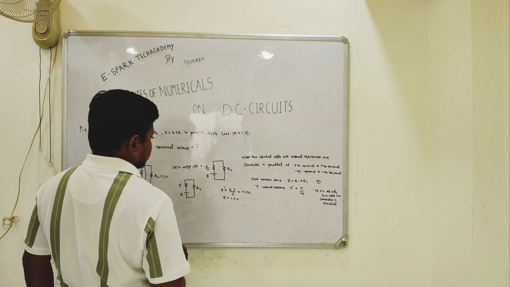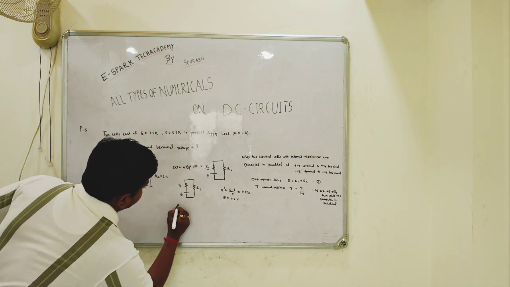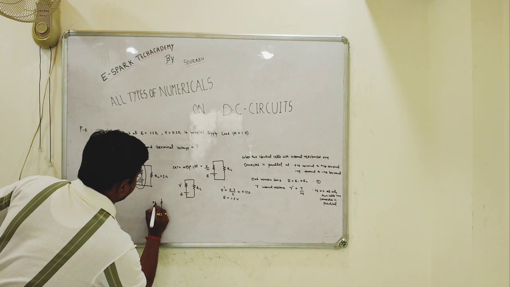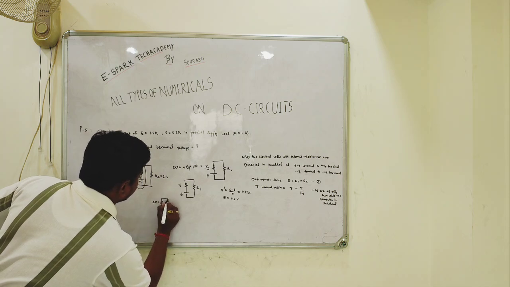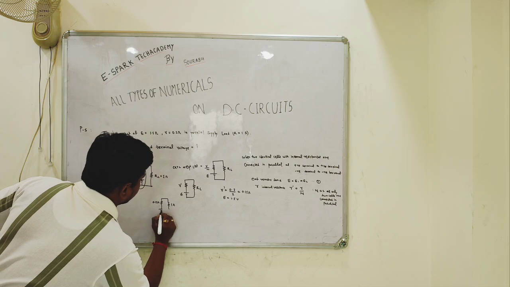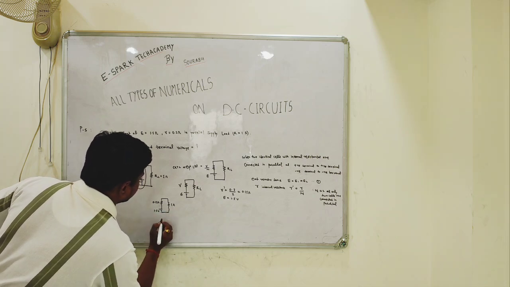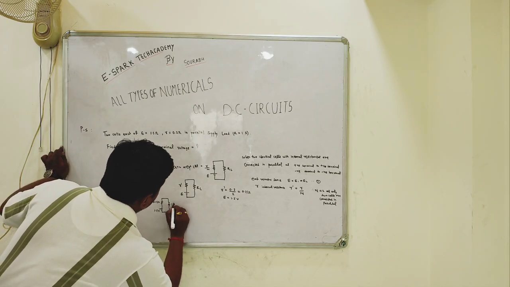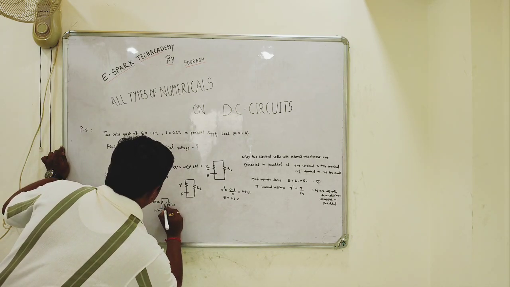Now substitute in this, we get 0.15 ohm connected with 1 ohm. This is the EMF, which is 1.5 volts. Now you will find the total current I which will be going through this.